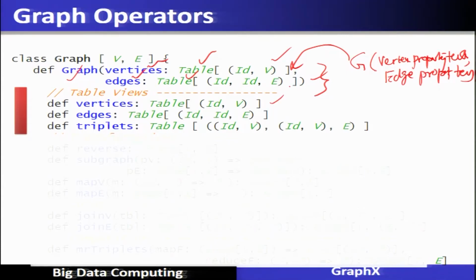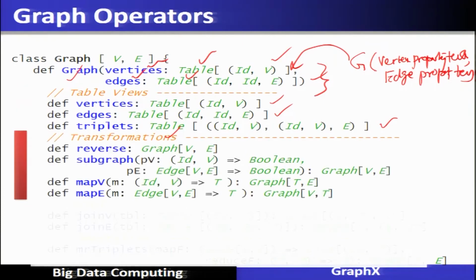The vertices are represented by the vertex property table, the edges by the edge property table, and there will also be a triplet view of a particular graph, which can be represented as a triplet view table.